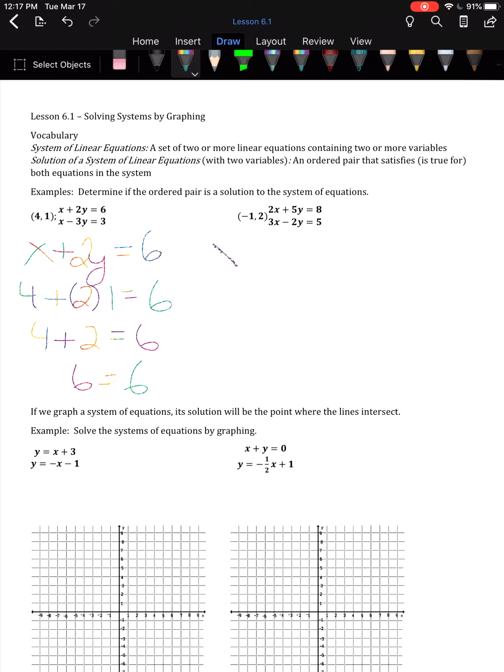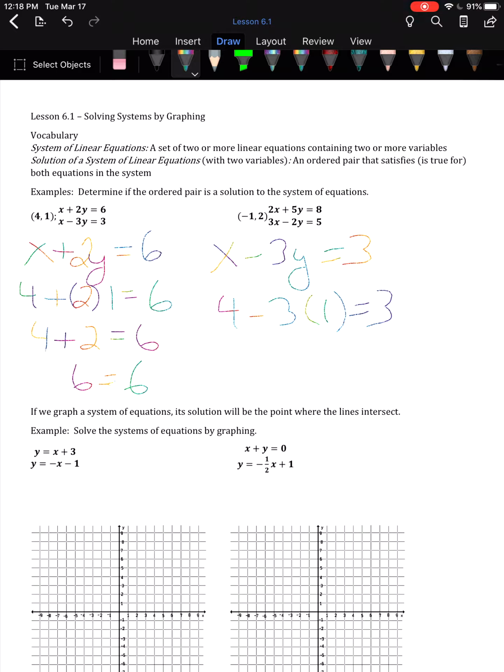So the second equation is x minus 3y is equal to 3. I'm going to put 4 in for x. I'm going to put 1 in for y. And the question is, is this true?